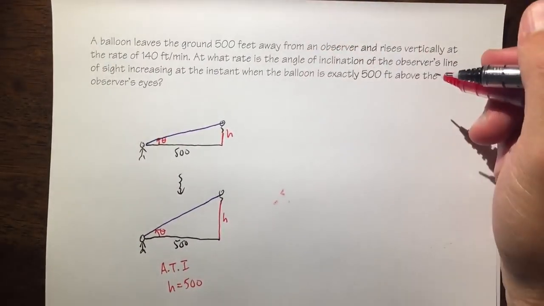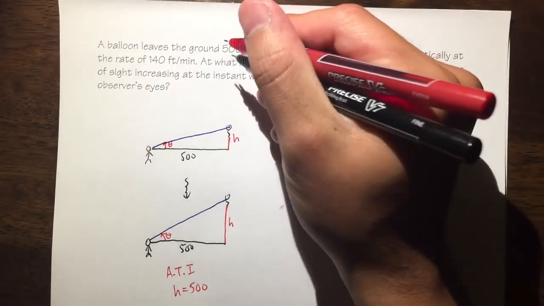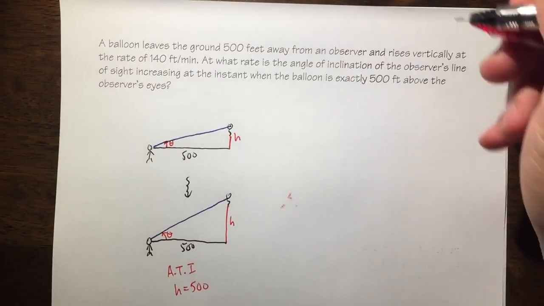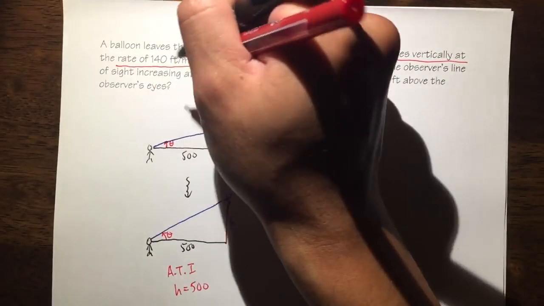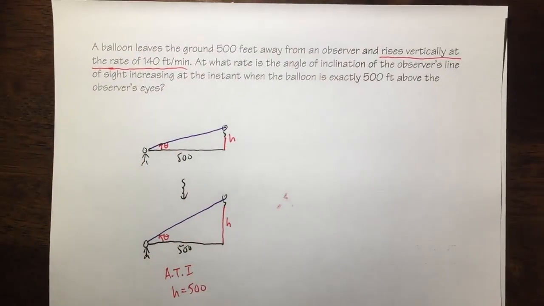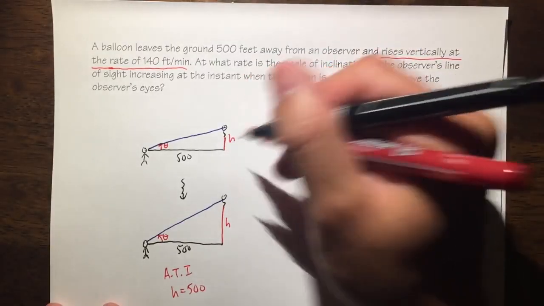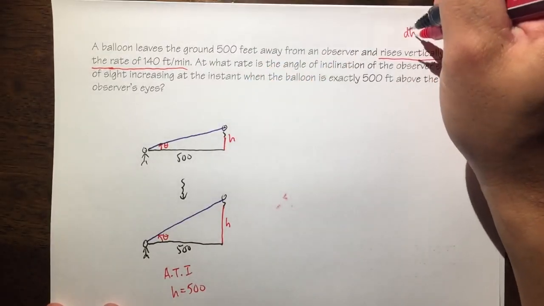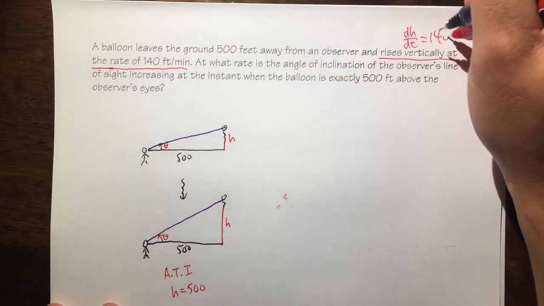Okay, now let's go back to the problem and look for the information. 500 is labeled already, and it says the balloon is going up vertically at a rate of 140 feet per minute. Therefore, based on our picture and the variable, this is h. So this tells us that dh/dt is 140.